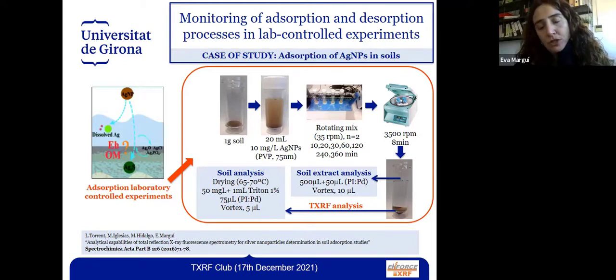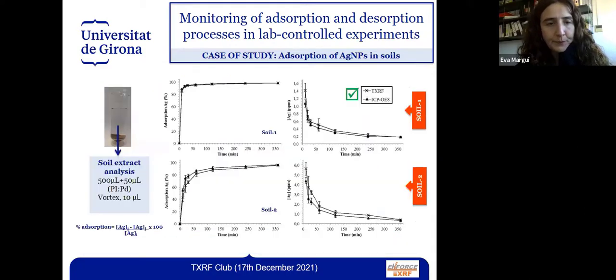And then, because we can analyze liquid and solid samples with TXRF, we monitor the silver content in the liquid as well as in the soil after the adsorption experiment.